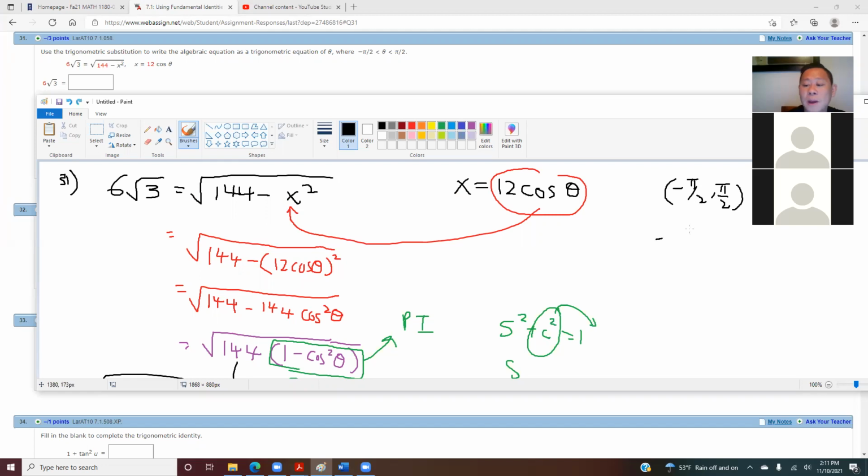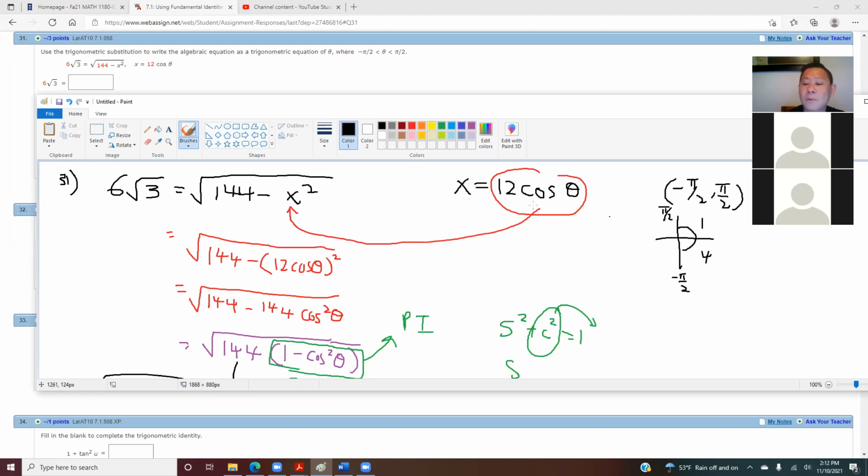If you guys remember, what quadrant is from negative pi over 2 to pi over 2? From negative pi over 2 to pi over 2, this is actually in quadrant 1 and also quadrant 4.